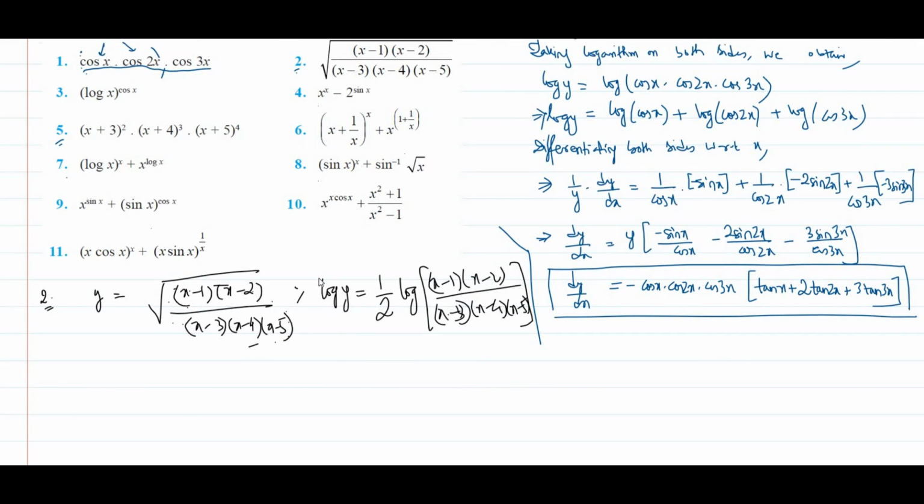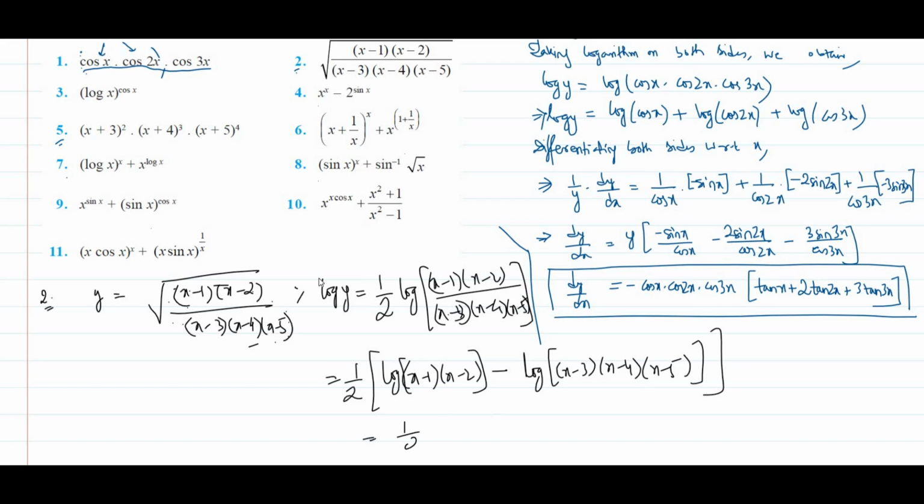So it will be half log of x minus 1 times x minus 2 by, as you know, the rule of logarithmic differentiation, and further you know that this is log of something by something, so you can divide this further into log of x minus 1 times x minus 2 minus log of x minus 3 times x minus 4 times x minus 5, and further you can break it to make it very easy, that is log of x minus 1 plus log of x minus 2.